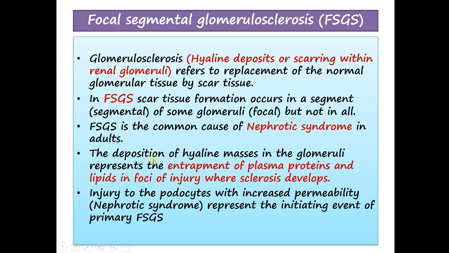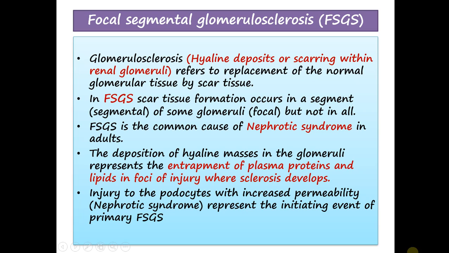So the deposition of hyaline mass is known as hyalinosis, which is the entrapment of the plasma proteins and lipids in the glomerular space where normally glomerular filtrate should collect.